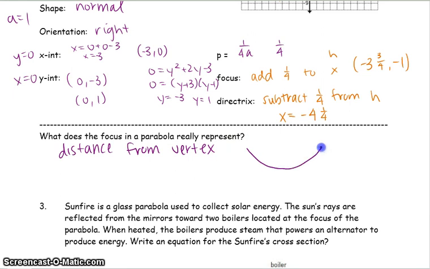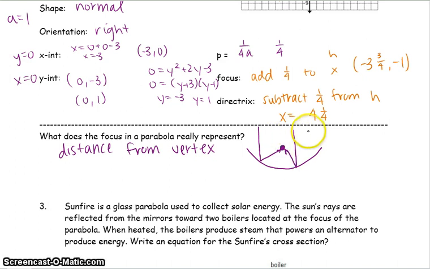So in a satellite dish, which, I mean, maybe you guys don't have satellite dishes anymore, but if you've ever seen one, there is a ball-shaped thing that's in the middle of your satellite dish, and that is because when your rays come in, they will bounce off your parabola and meet at this focal point no matter where it hits your parabola.